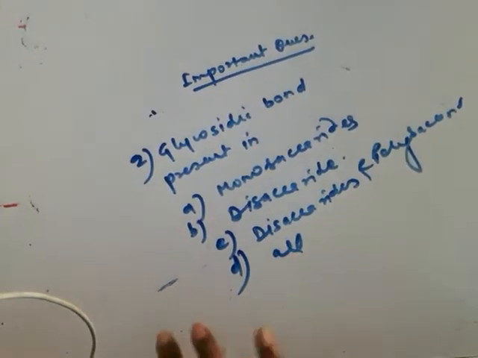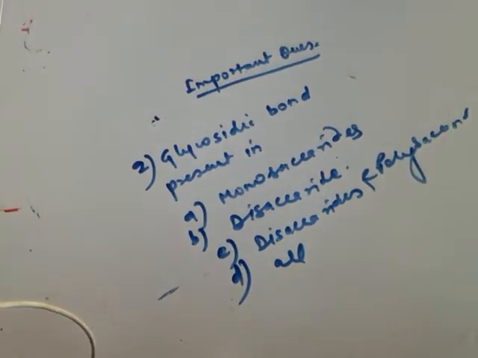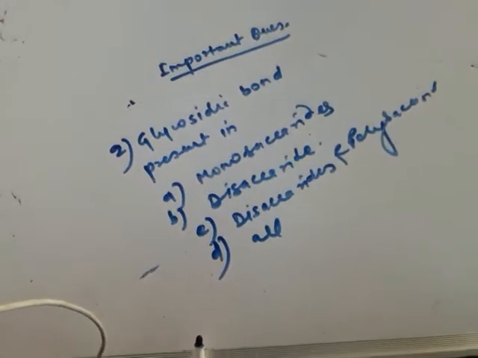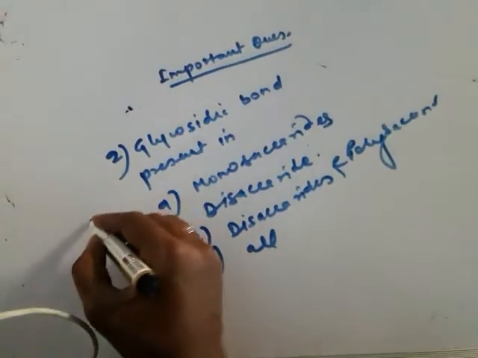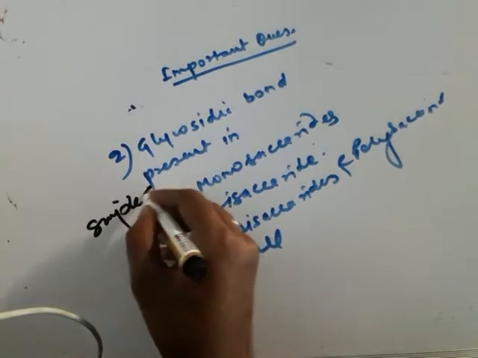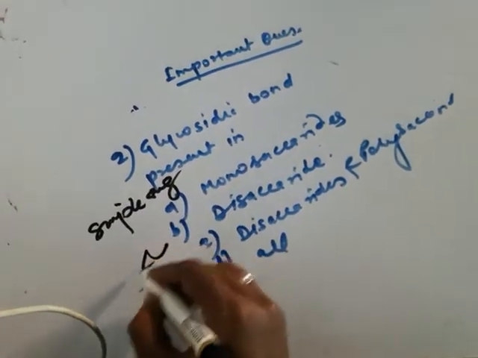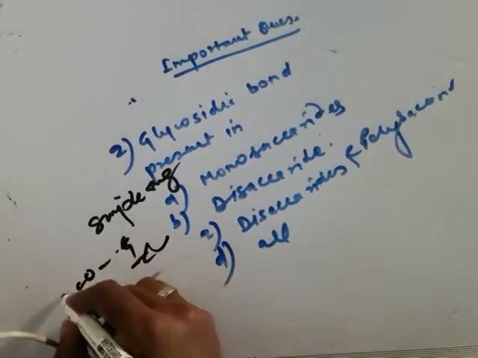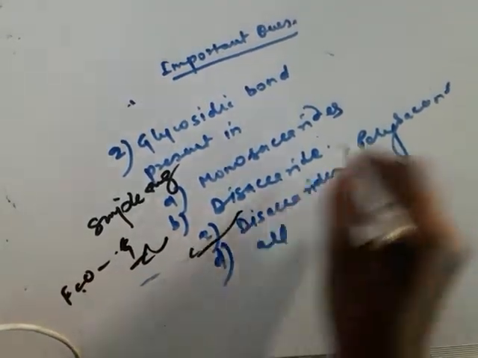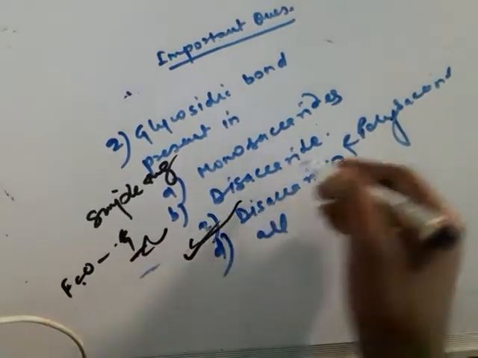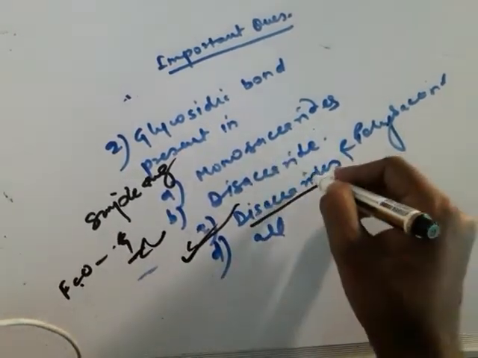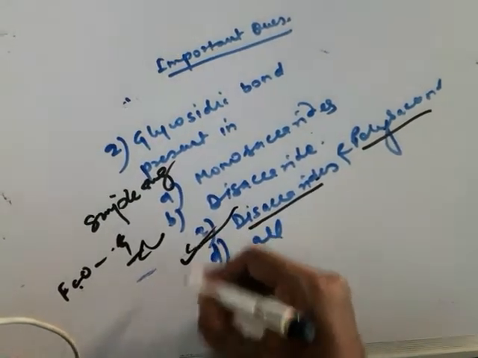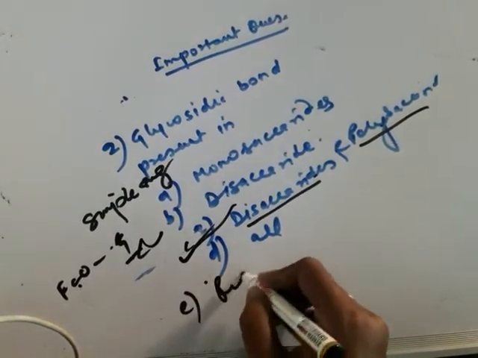The right answer: in a monosaccharide there will be no glycosidic bond because it is a simple sugar. In disaccharides, a glycosidic bond is present because two units are joined together, suppose this is glucose and this is fructose. In polysaccharides it is also present. So C is the right one.